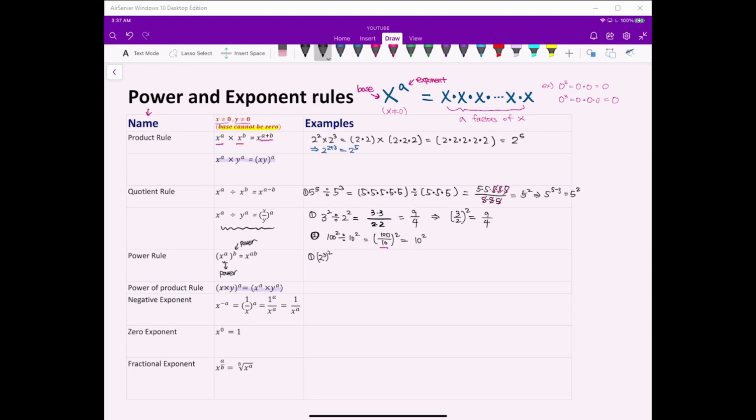An example is 3 factors of 2 squared, which is 2 factors of 2 times 2 times 2, which is the same as 6 factors of 2, that is 2 to the 6th power. But again, you can find the exact same answer by simply multiplying those two exponents together, which gives the same answer again.